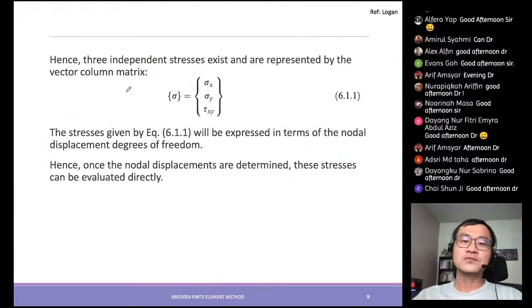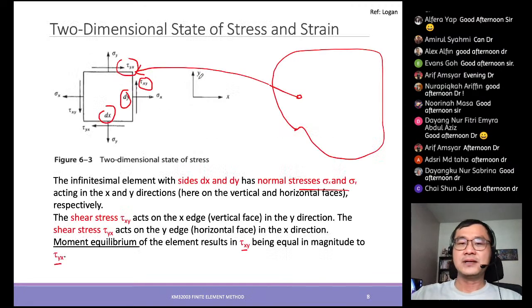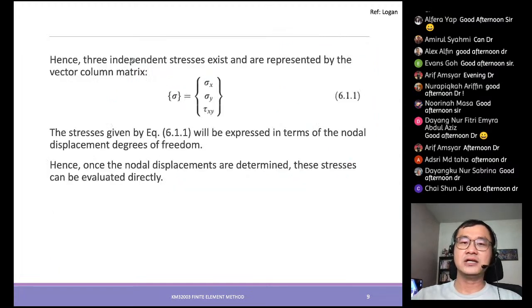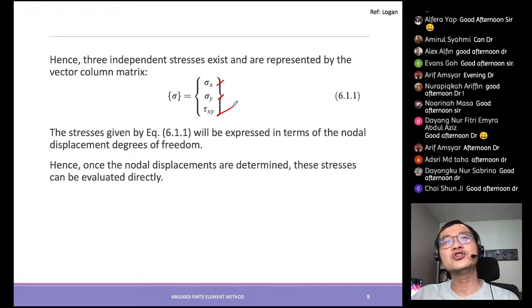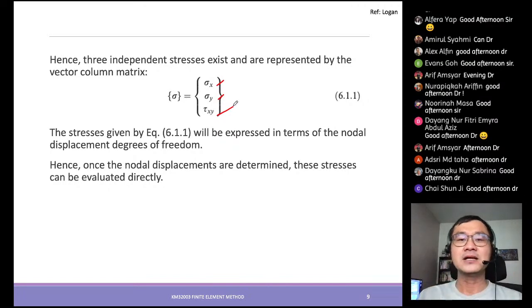Based on that, we see that there are three independent stress components: the stress in the x and y directions as well as the shear. We can combine them into a vector consisting of three independent parameters. These are the three parameters we intend to solve later. For a structural problem, we want to know the actual stress and shear acting on that particular part.